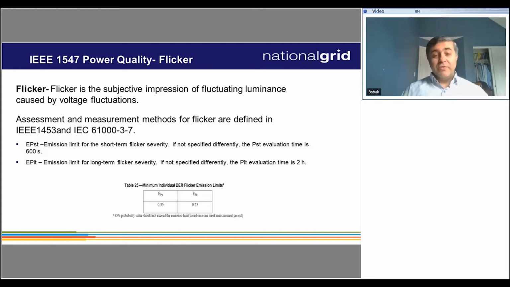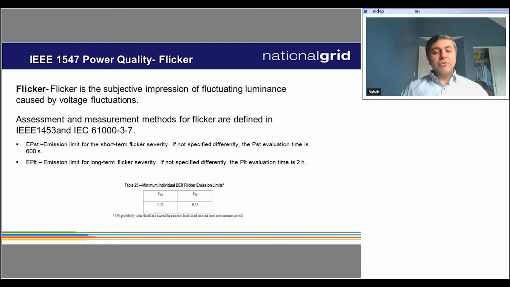And in this newer version, we basically define what that objectionable flicker means. Those who are familiar with flicker work know we have two indices, short-term and long-term, and this table basically defines the emission level for both long-term and short-term.